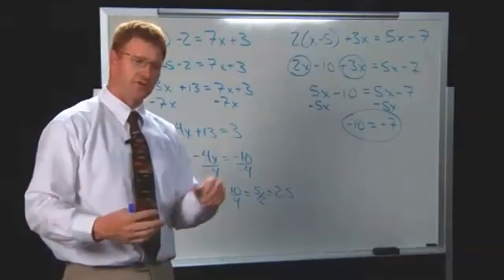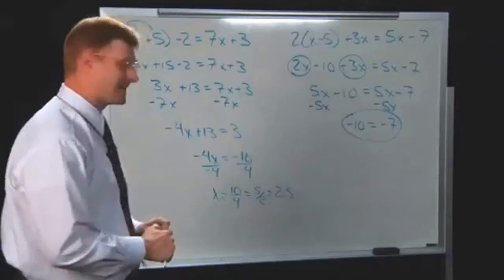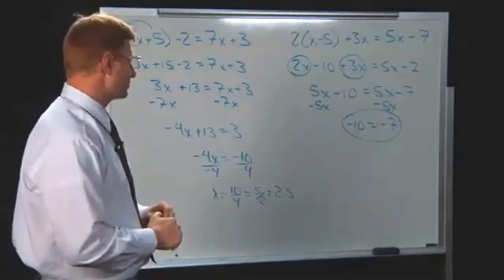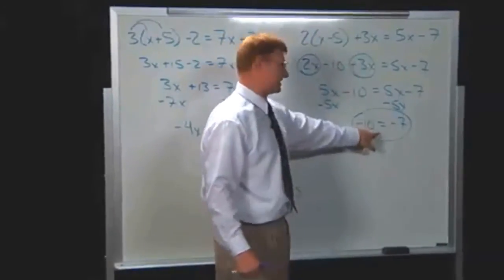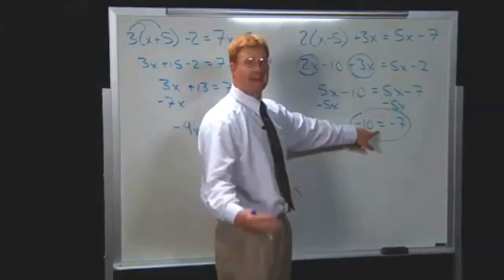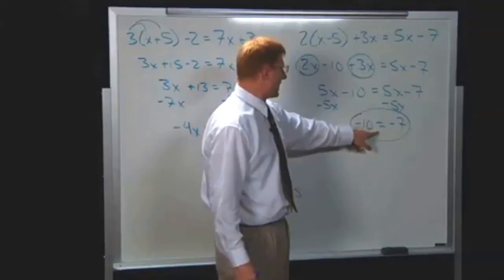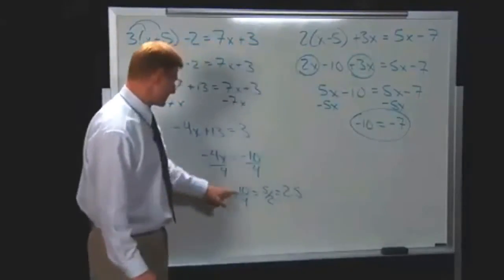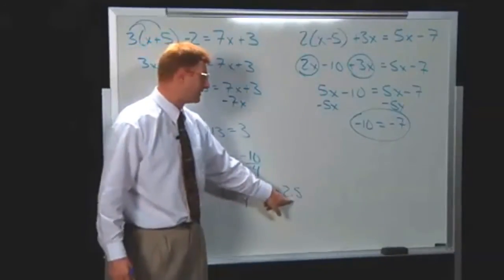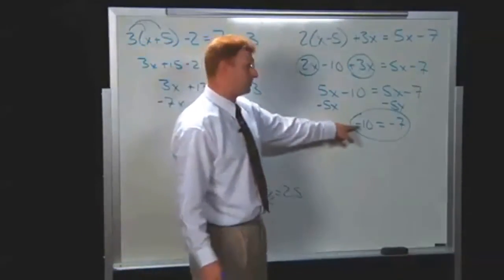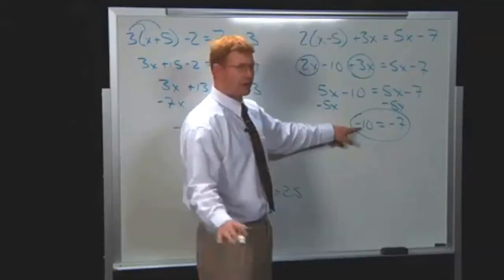If you use a number line or just do a little bit of counting, you will realize that that is a not true statement. Absolutely false. No matter what x is up here, this is a false statement. It could never be true. In that case, where this one says this thing's going to be true if x equals 2.5, this over here will never be true, no matter what x is.